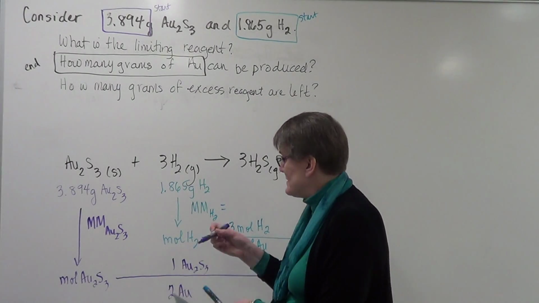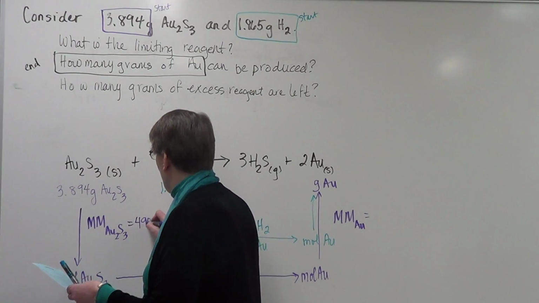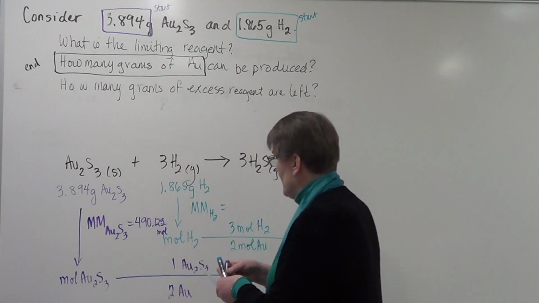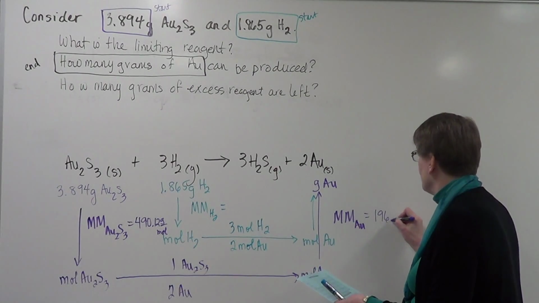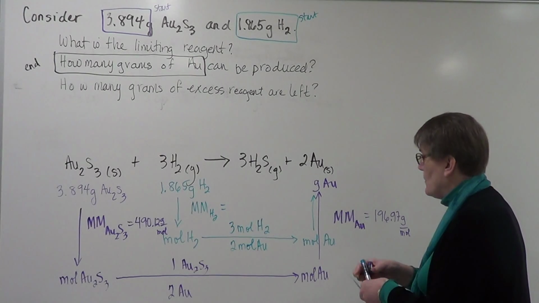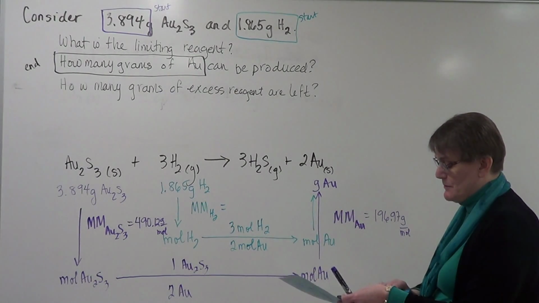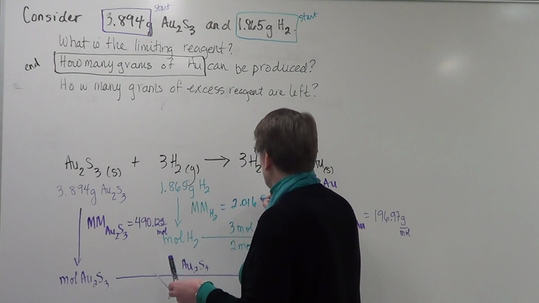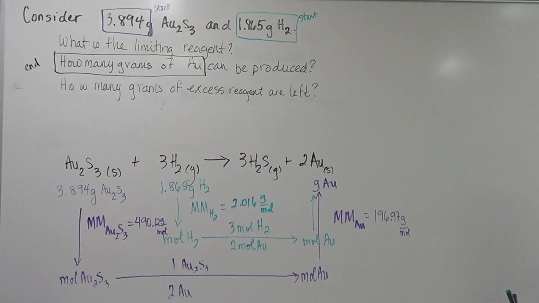And so the molar mass of gold sulfide is 490.12 grams per mole. The molar mass of gold then is just 196.97 grams per mole. And the only other thing then I need is the molar mass of hydrogen. So 2 times the molar mass of hydrogen, and I get that.